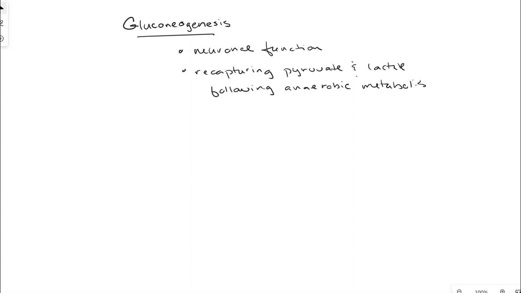So note that substrates of gluconeogenesis include pyruvate, lactate, and amino acids as well. So in addition to pyruvate and lactate, other non-carbohydrate precursors can be used as substrates for gluconeogenesis in animals. And these include most of the amino acids, as well as glycerol and all of the TCA cycle intermediates.